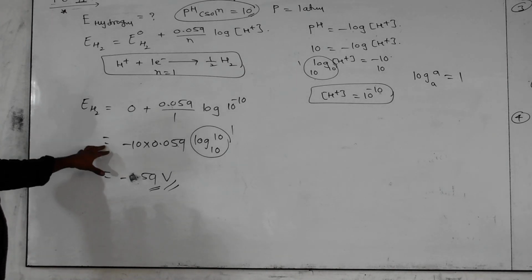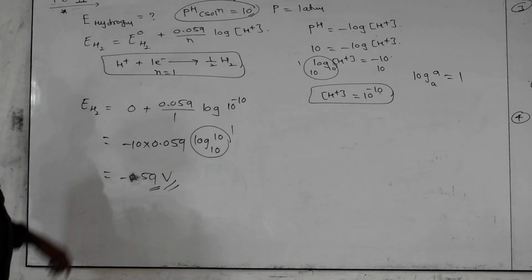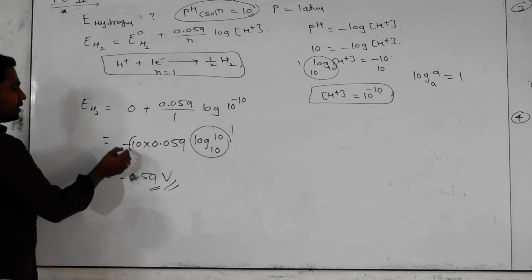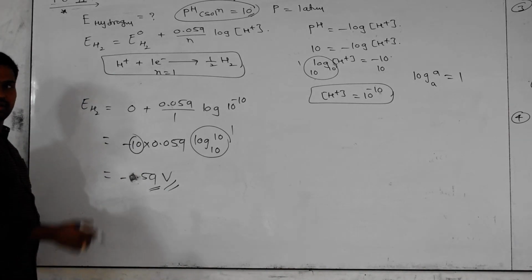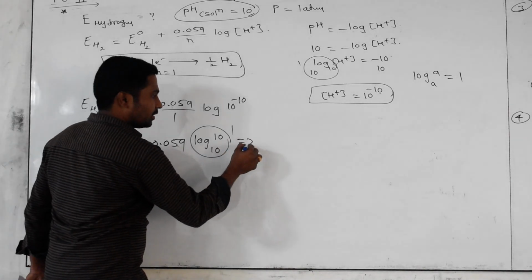So from this, can we write one formula from pH and electrode potential? What is the value here? pH. Can we write one formula here? Okay.